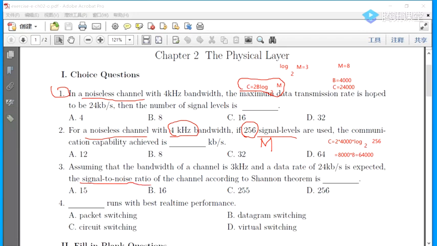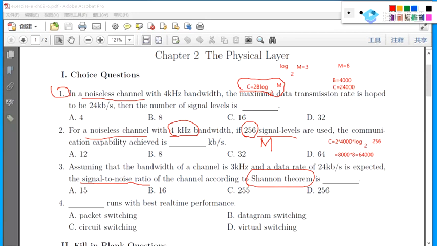If we know the signal to noise ratio of the channel, we should use the Shannon theorem to determine the capacity, right? For the noisy channel, assume that the bandwidth of a channel is 3 kilohertz and a data rate of 24 kilo is expected.